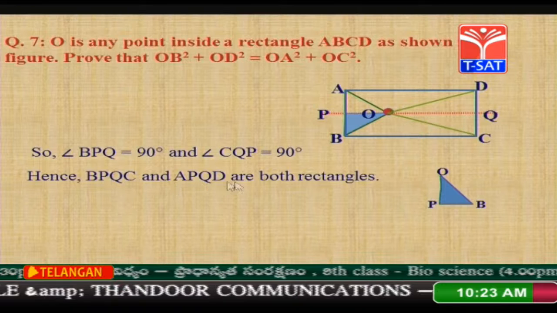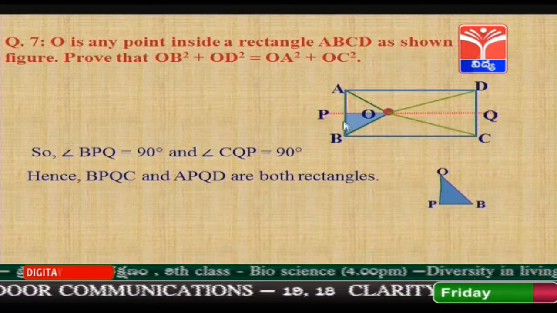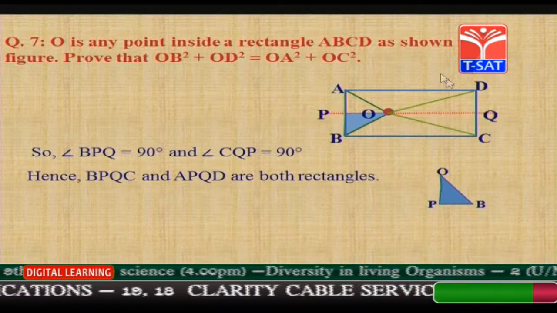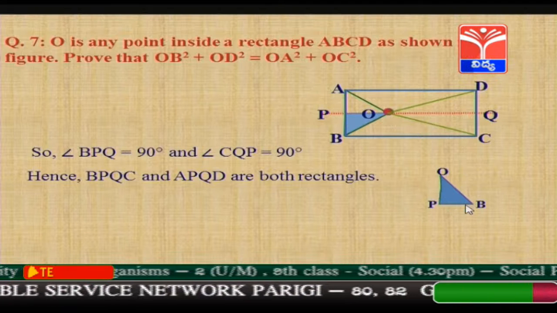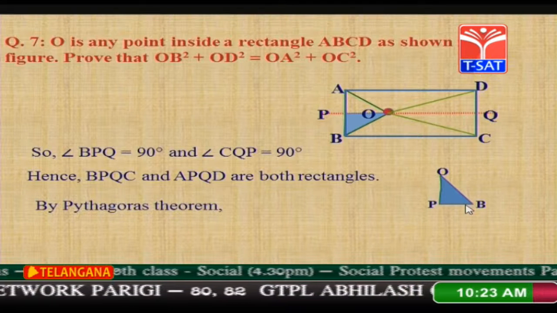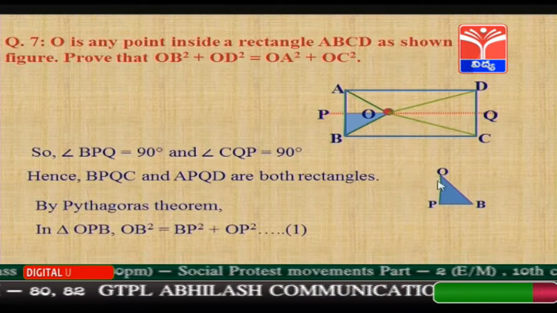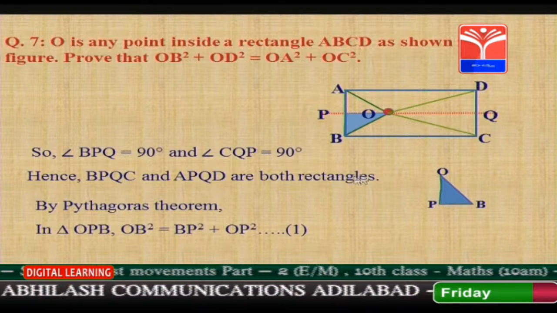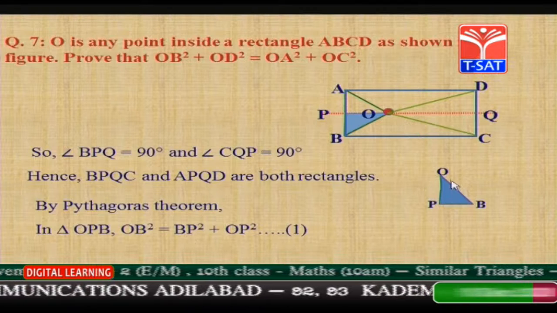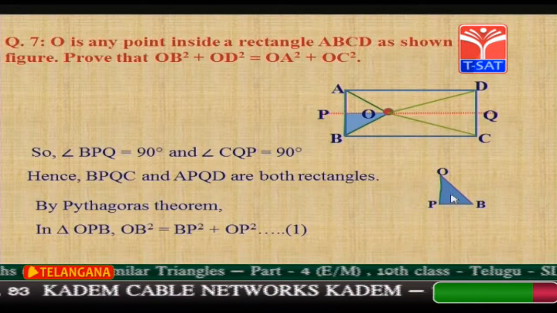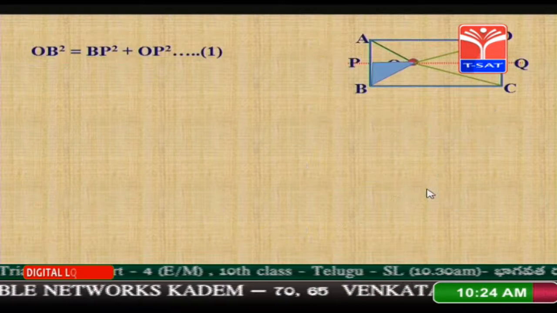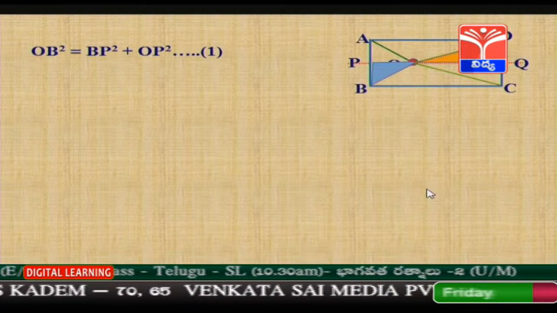BPQC and APQD are both rectangles, and I am considering this triangle OPB. By Pythagoras theorem, in triangle OPB, OB is the hypotenuse, OB square is equal to BP square plus OP square. And next, I am considering one more triangle.